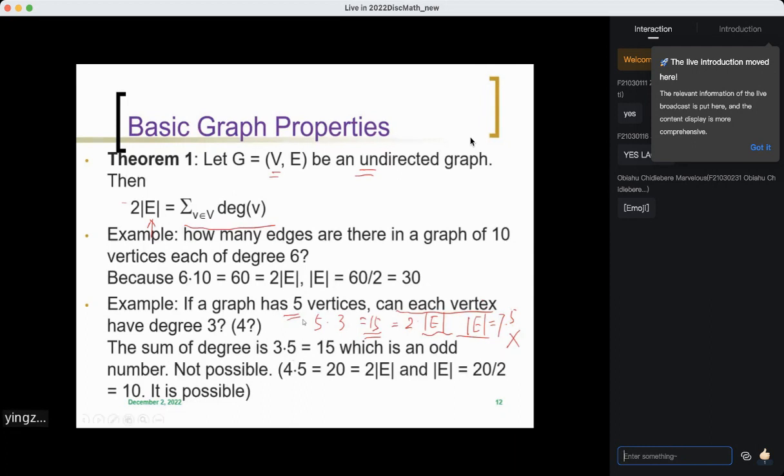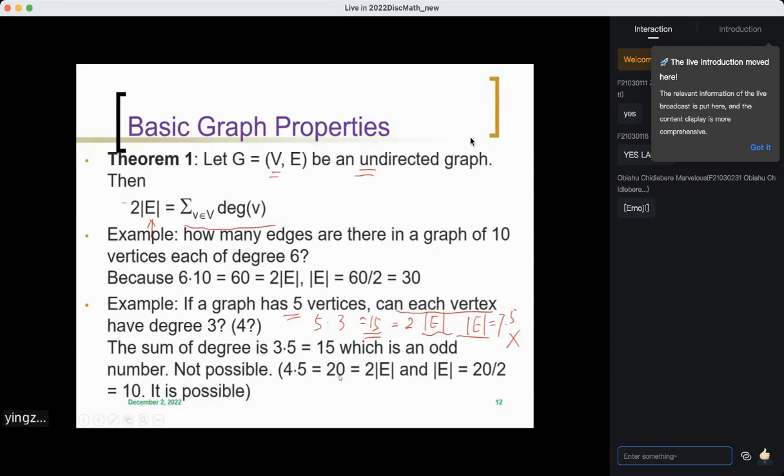So if we have 5 vertices and each vertex has degree 3, then altogether the degree sum is 15. 15 cannot be a double of edges. It is an odd number, not an even number, so it's not possible. But for 4 vertices, maybe possible.